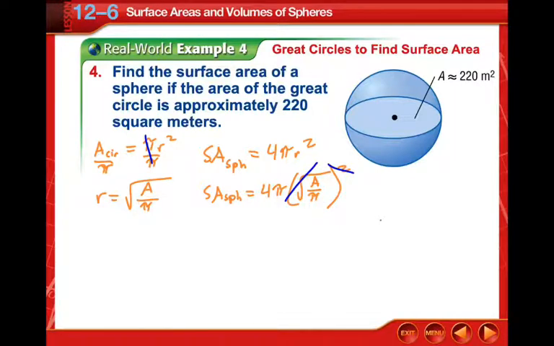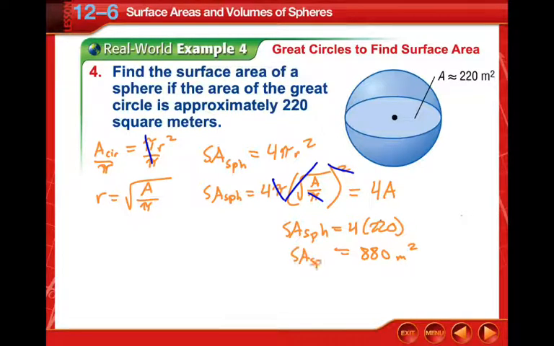And now I have this pi and pi thing that goes away. So now what am I left with? Everything else is canceled out. The 4 is still there, and we have this A. So it's literally just 4 times the area of the great circle. So our surface area of our sphere is equal to 4 times 220, or 880 square meters.